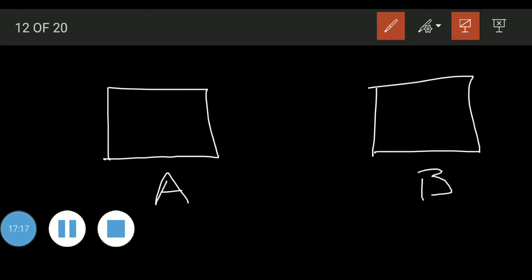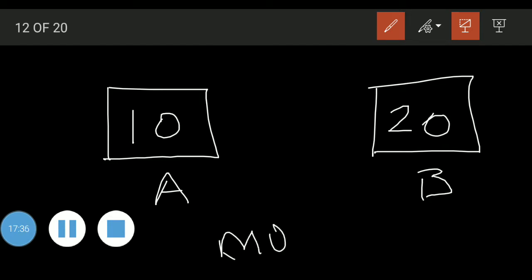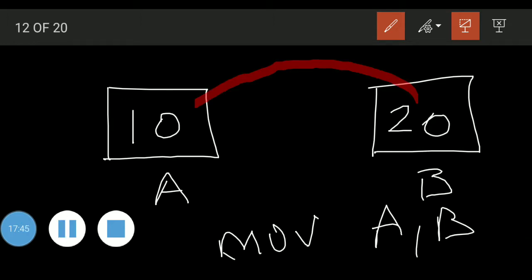Suppose B has a value like 20 and here A is 10. When I use move A comma B, at that time the data from B will be copied into A and the content of A will get changed into 20.